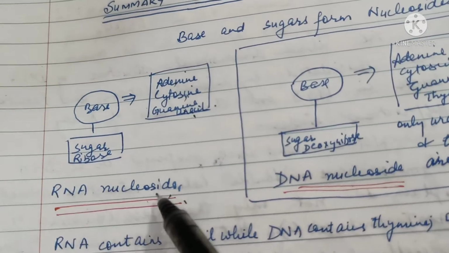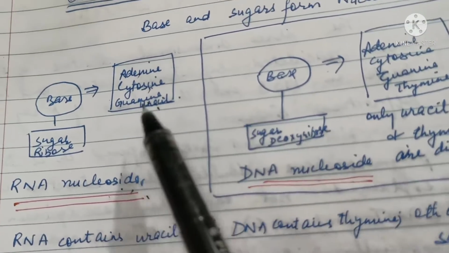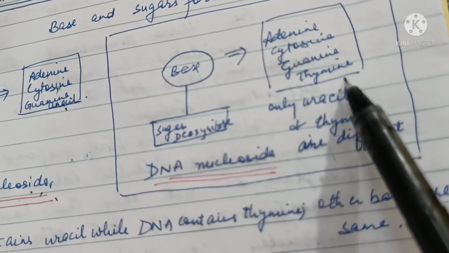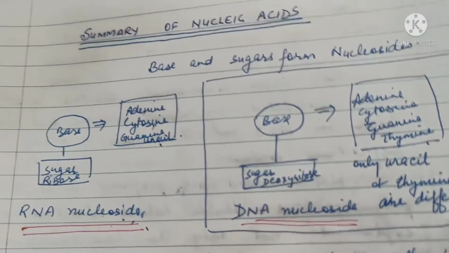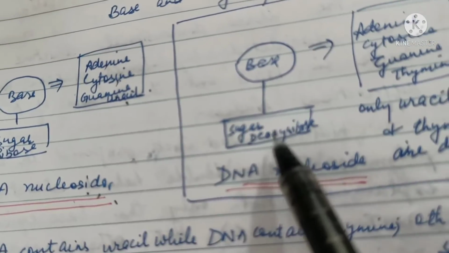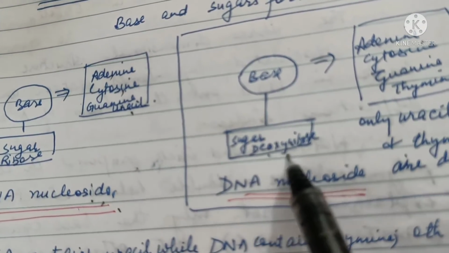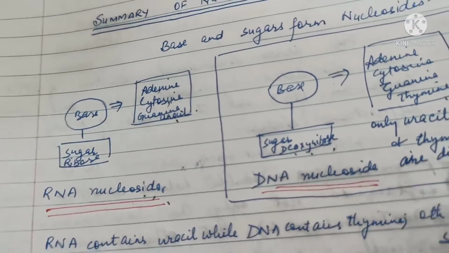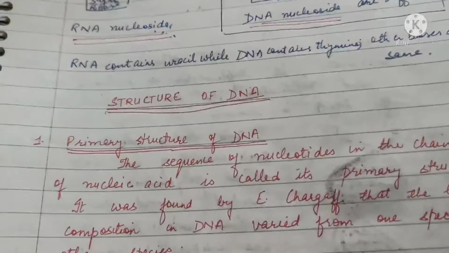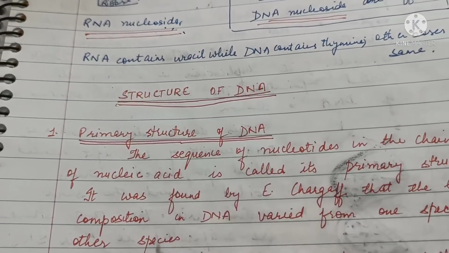This is in RNA. In case of DNA, we do not have uracil, we have thymine. And in case of DNA, the sugar is deoxyribose, not ribose. This is the difference.